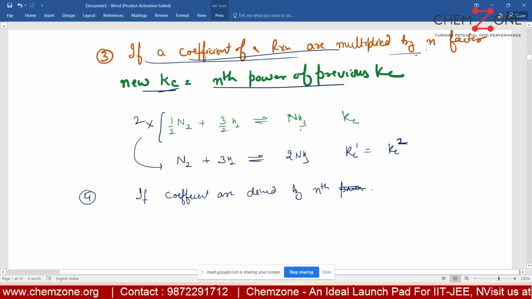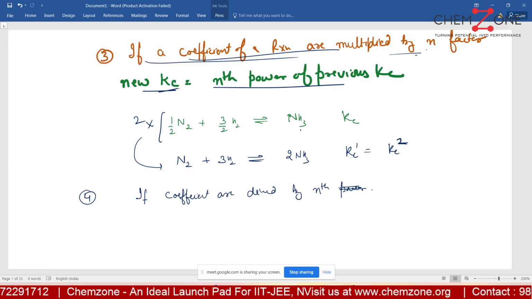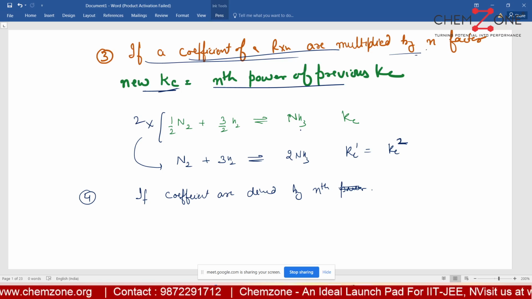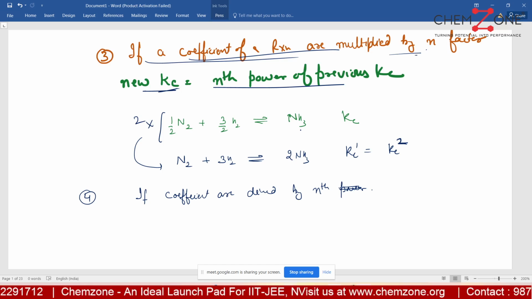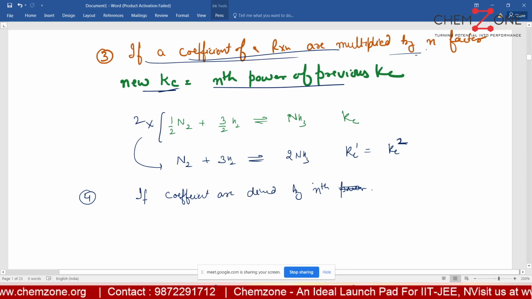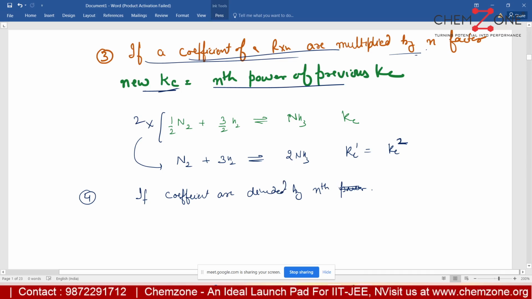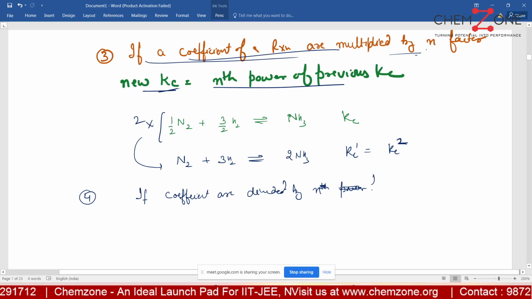If I had multiplied by 3, the new equilibrium constant will be the cube of the previous Kc. Now clear?